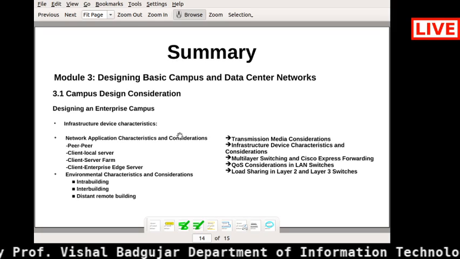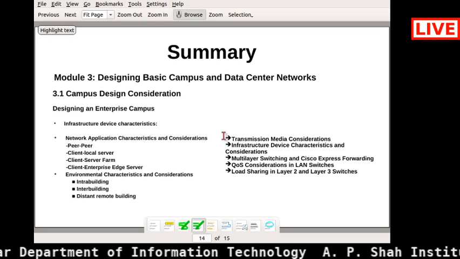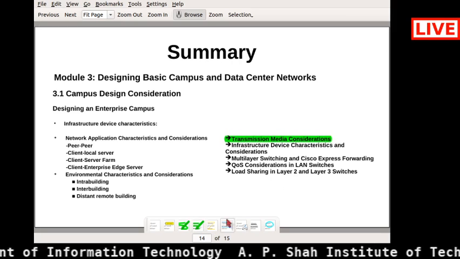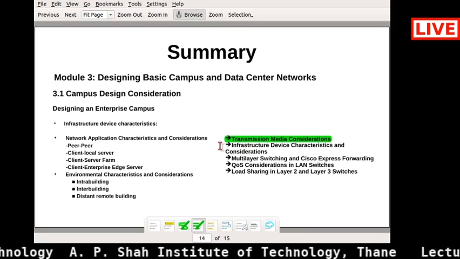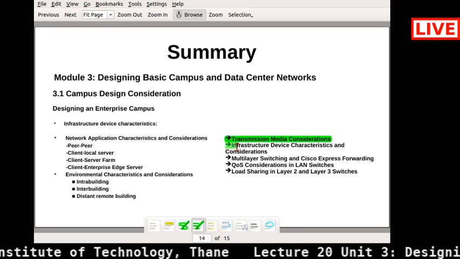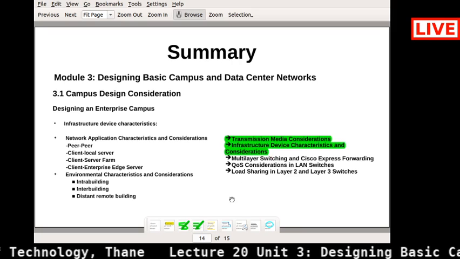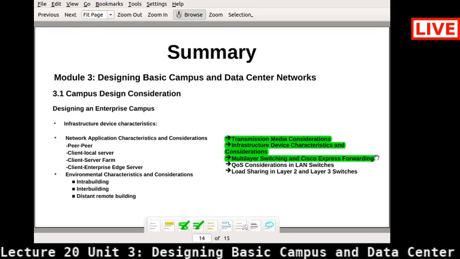So that's it for today. We have seen the transmission media considerations: copper cable, wireless, and fiber optic, SM and MM. Then we saw infrastructure device characteristics. Then multi-layer switching and Cisco Express Forwarding, and their components.